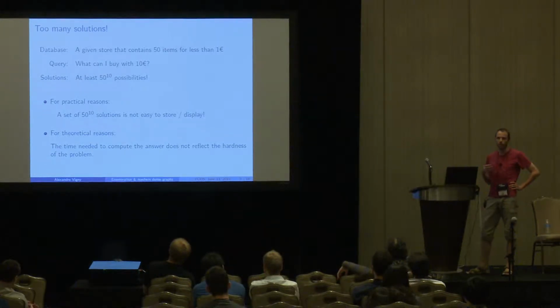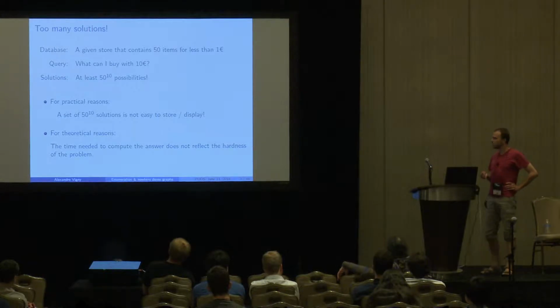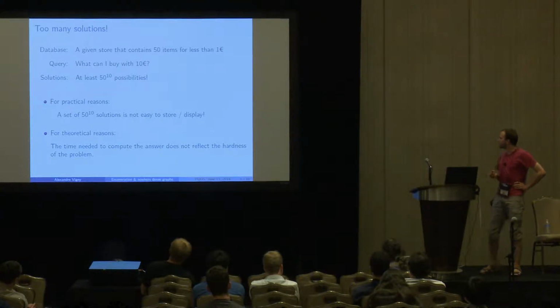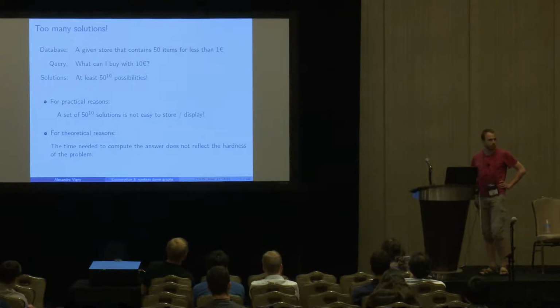And often we will only use a few solutions. And for theoretical reasons, the problem is that the time needed to compute this set of solutions does not reflect the hardness of the problem. Because sometimes the problem is really easy, and we just spend a lot of time writing the outputs. And we don't want to do that.